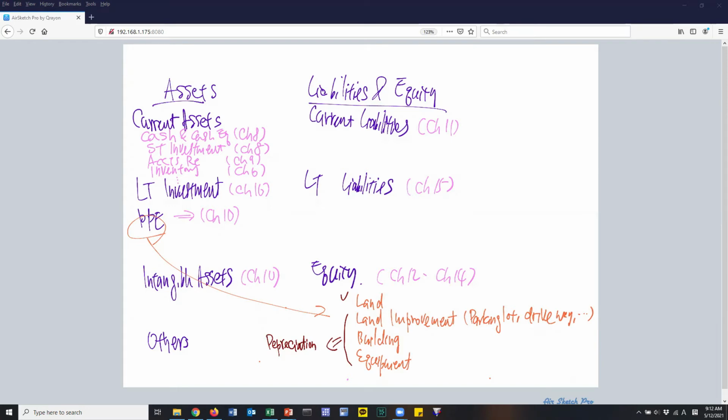Does earth depreciate? Maybe over billions of years, but land actually does not depreciate. So when it comes to PP&E, except for land, depreciation is a major issue, and we'll mostly talk about depreciation of PP&Es or depletion of natural resources.